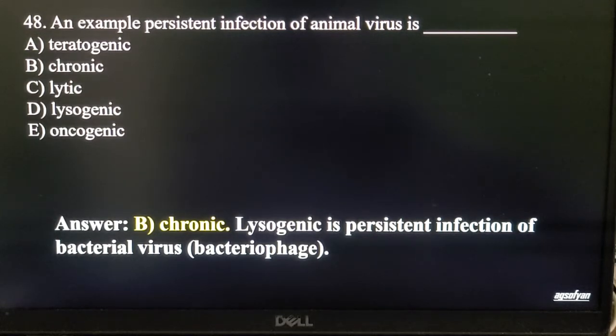Remember, there are two types of persistent infection: one is called chronic, and the other is called latent. Because you only have chronic over here, the answer will be chronic infection. Again, it is not lysogenic. Lysogenic is the special name of persistent infection for bacterial viruses.